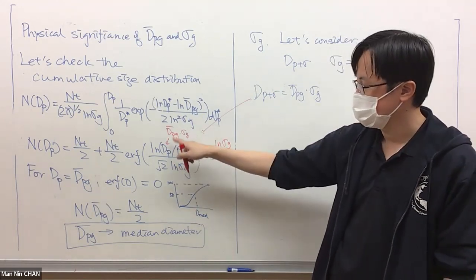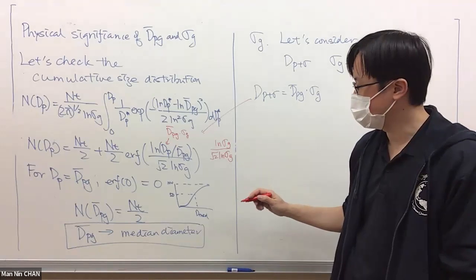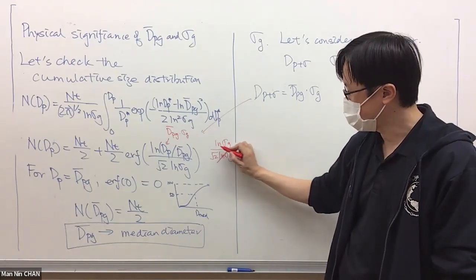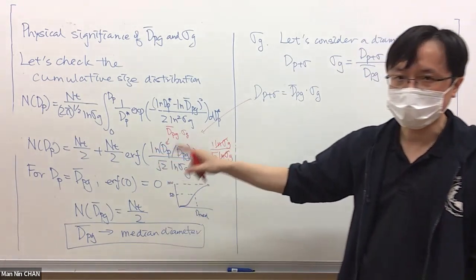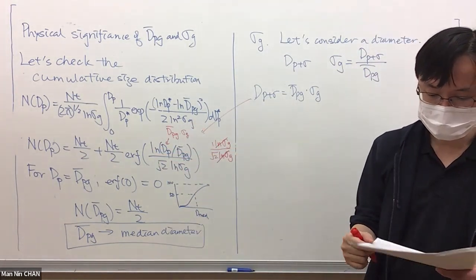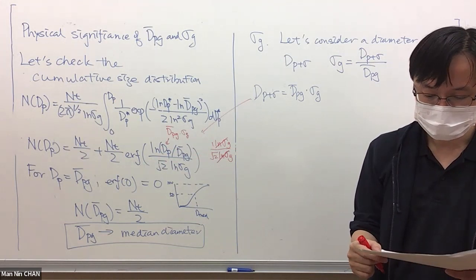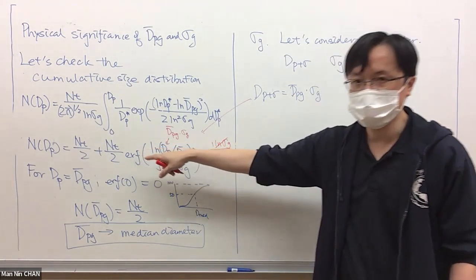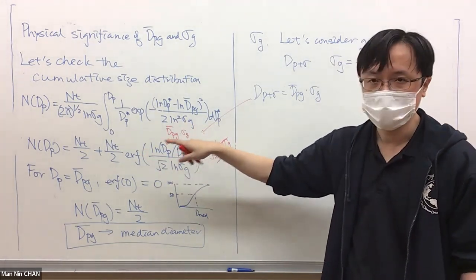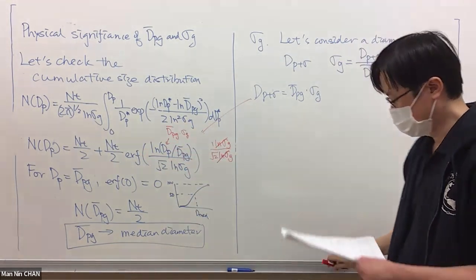So if you cancel these two, your error function will become 1 over square root of 2. Are you okay with this?